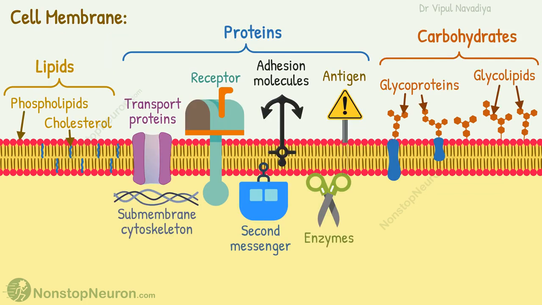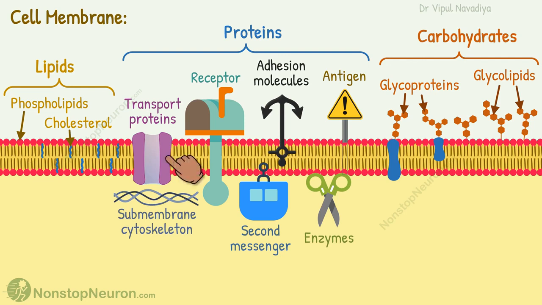Now let's have a quick summary. The cell membrane makes the outer wall of the cell. The central lipid bilayer is made up mainly of phospholipids and cholesterol. It's fluidic in nature and permeable to only lipid and lipid-soluble substances.